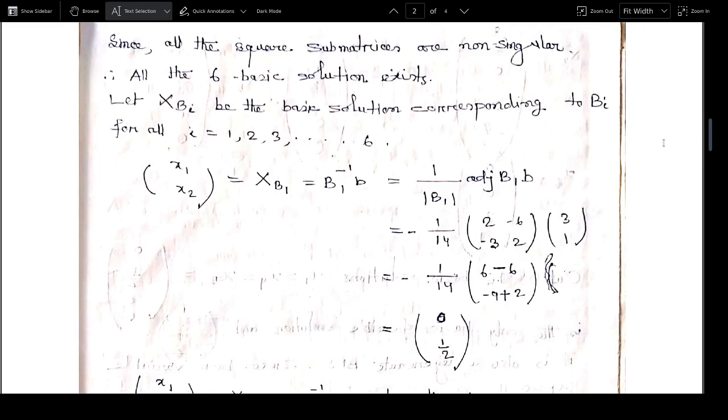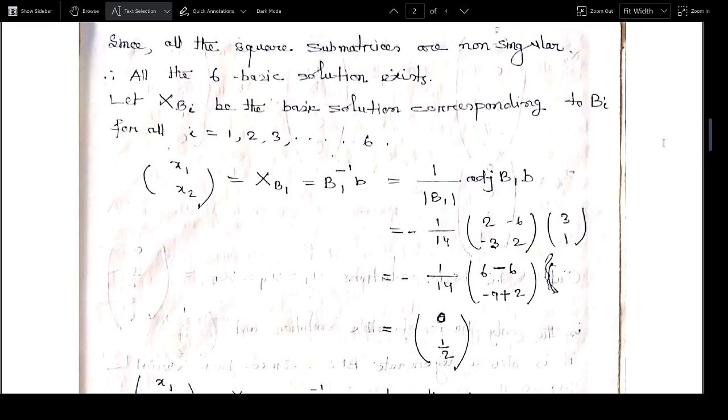Suppose first row, first element, this one will be what? Minus 1 to the power 1 plus 1 into what? Right. So in this way you find out, so you will see how to find out the inverse of the matrix. After calculating, we get the value 0, 1 by 2.